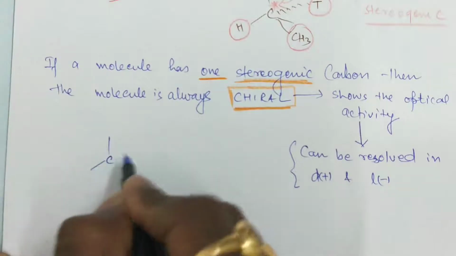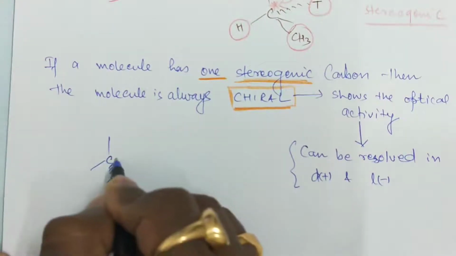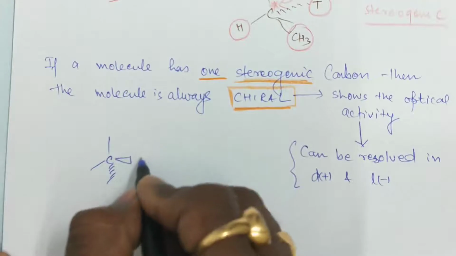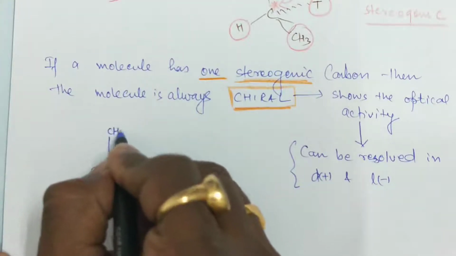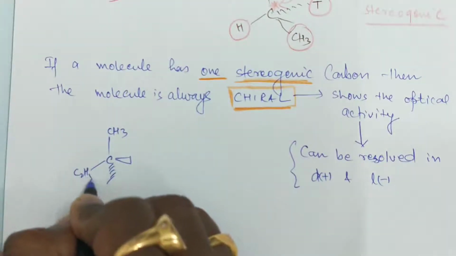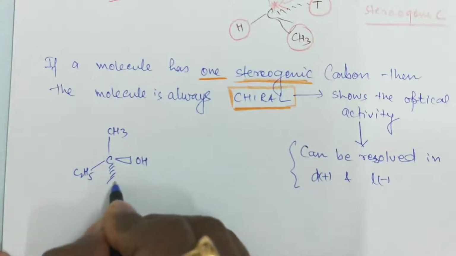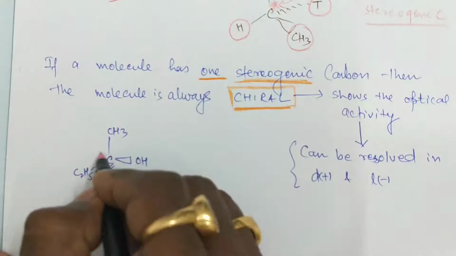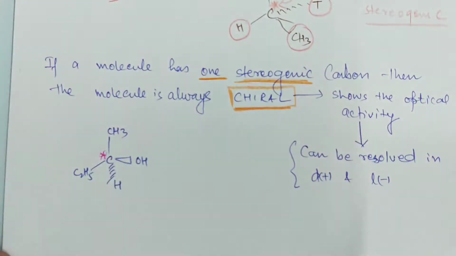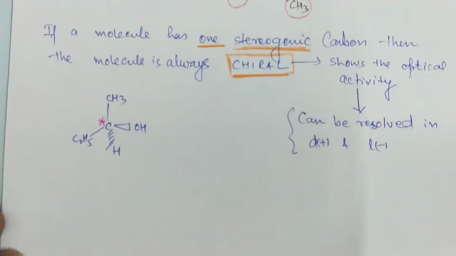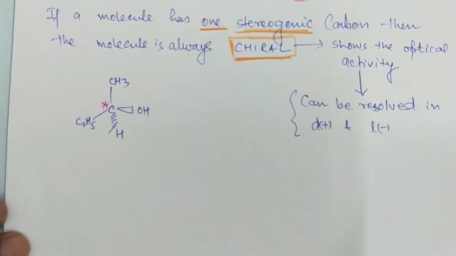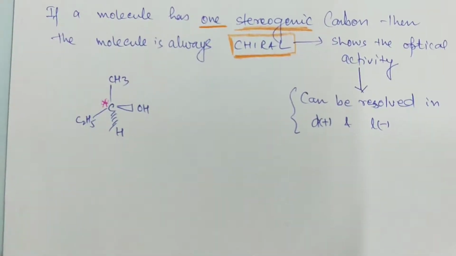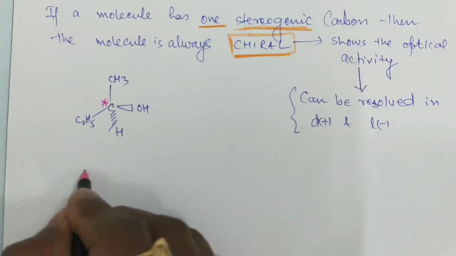Similarly, some more examples we can do here. Suppose that this is CH3, this is C2H5, this is OH, and this is H. So this is stereogenic, right? So in this way, you can identify whether the molecule has a stereogenic carbon or not.